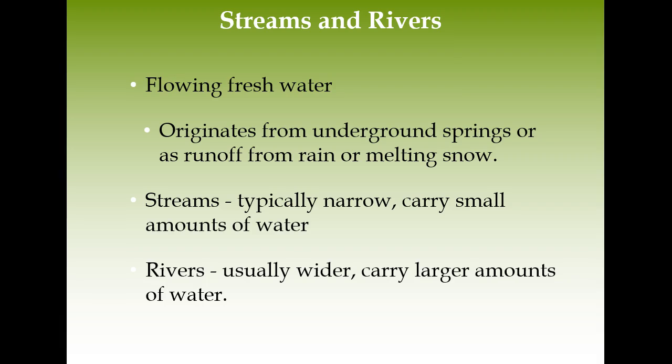Or a lot of times rivers and streams can have their major input from melting snow or rain that runs off from various landscapes and structures. The only difference between a stream and a river is that a stream is more narrow and a river is usually wider, and they can obviously house a variety of freshwater fish, insects, bacteria.